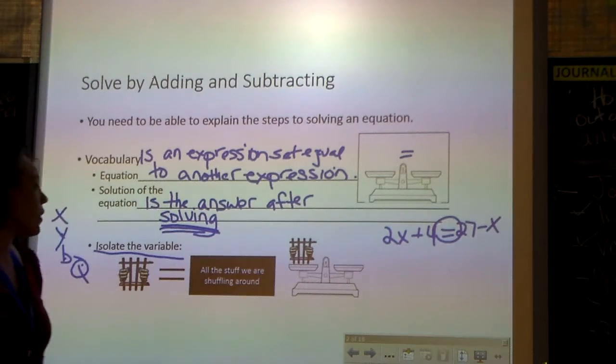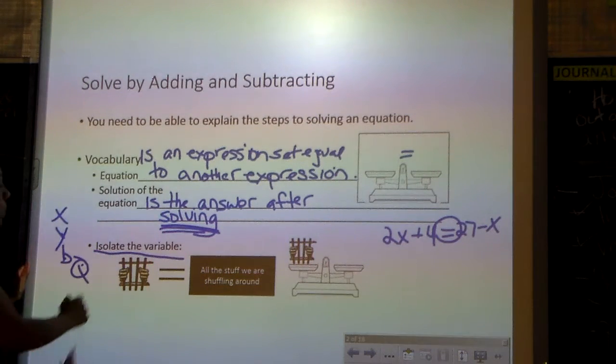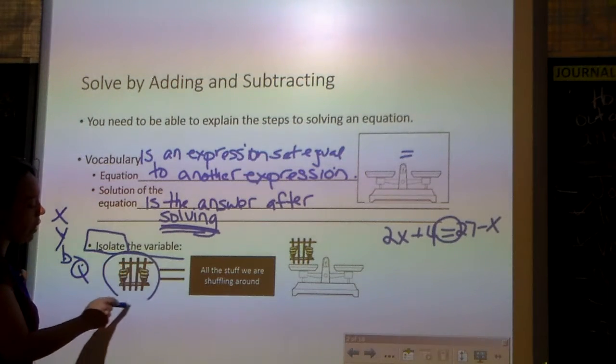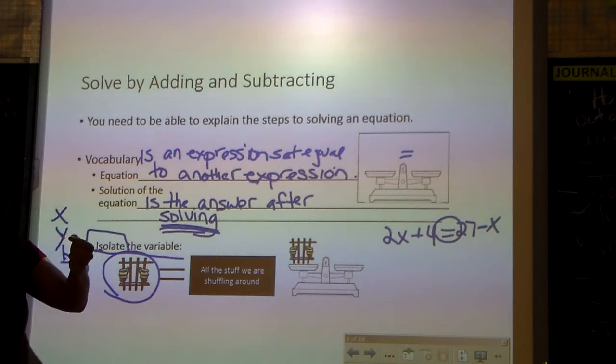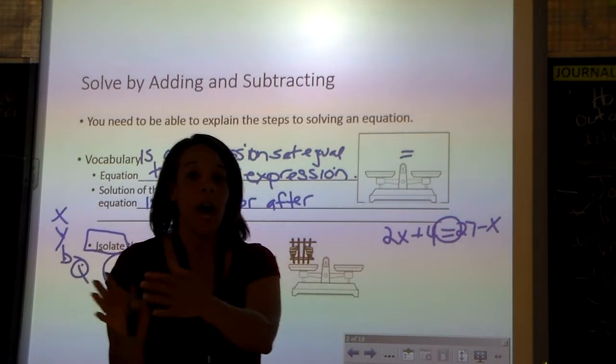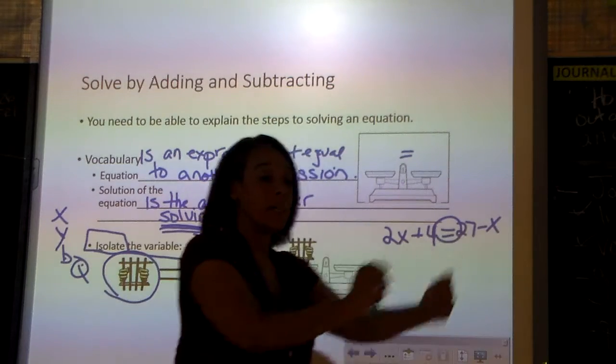And I put this graphic here because to isolate means we want to get it all alone. If you notice, I put this creepy graphic, like a thing behind bars. I call it, we want to get that variable behind bars, isolated in confinement all by itself.